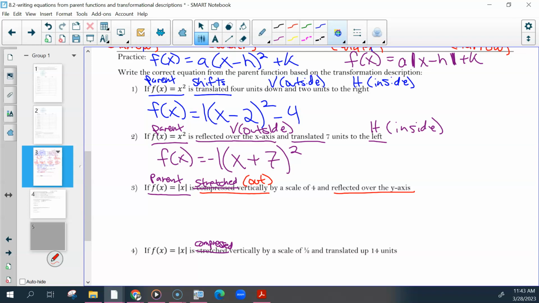If this is your y-axis and it's reflecting over it, is that a horizontal or a vertical transformation? Horizontal. So if that's horizontal, would that be inside or outside? Inside.